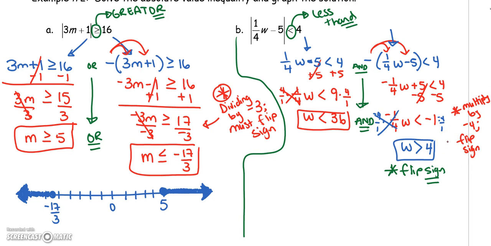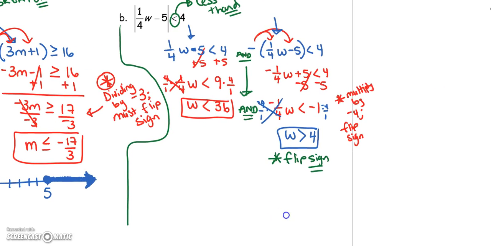Okay. So once again, once we do all of that, we're going to go ahead and graph these inequalities. So I'm going to go ahead and create a number line. Here's my 0. The first one will be all the way at positive 36. So I'm just going to make a really long line and just do 36 here.